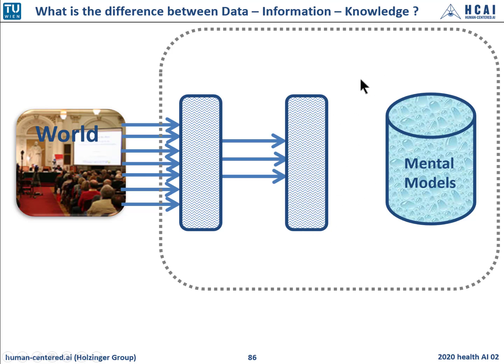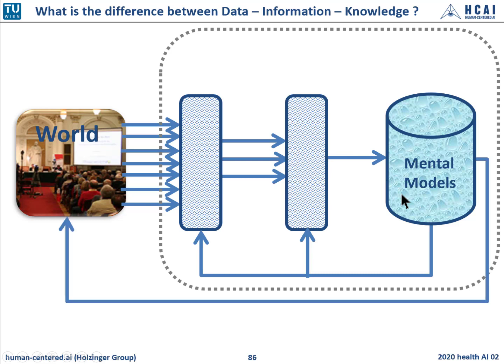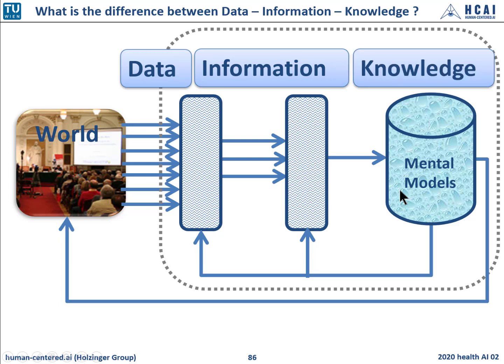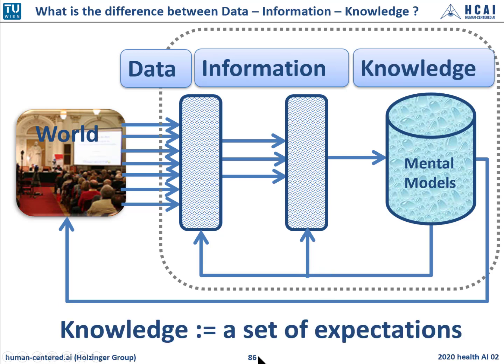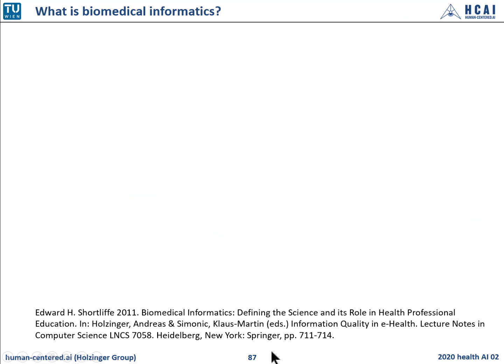Think of Shannon. This is what humans can perceive technically. And then we have these mental models, where we check if the hypothesis which we generate fits into our mental model. And then we have these feedback loops, and you have data, information, and knowledge. Knowledge is a set of expectations.